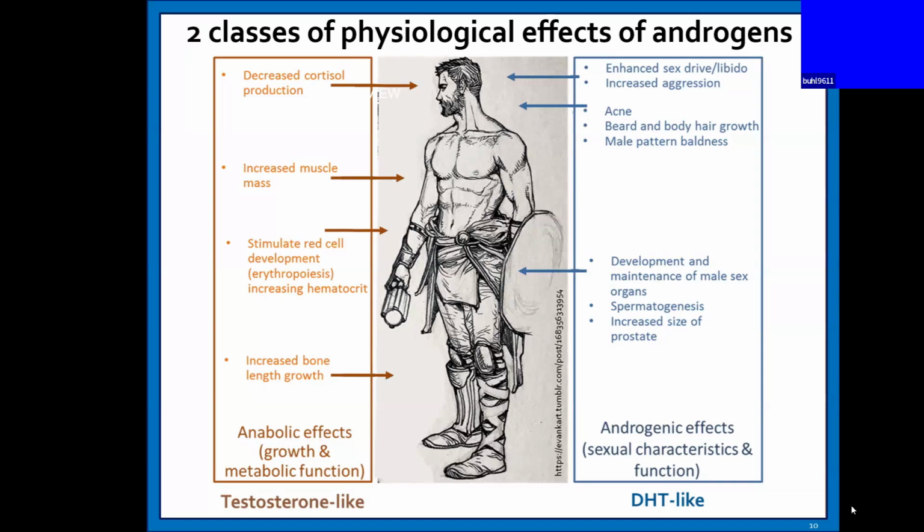When you look at this, these metabolic type things, I think of increased bone growth and muscle mass and red blood cells and cortisol, if I think in terms of a cyclist. I remember, you guys probably don't even remember Lance Armstrong, but he got caught taking too much anabolic steroids.